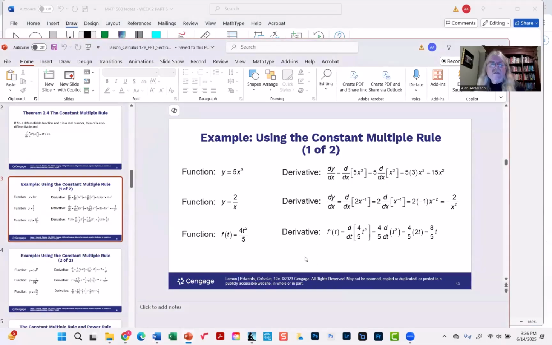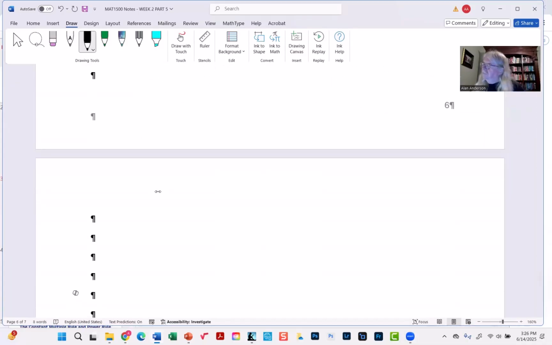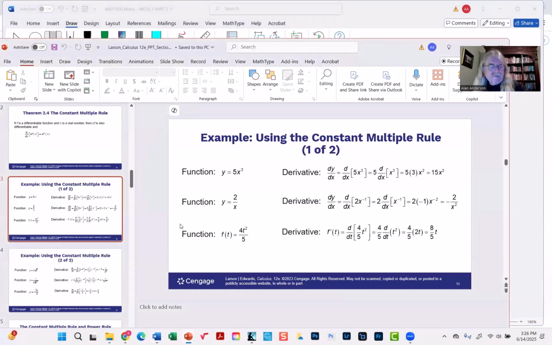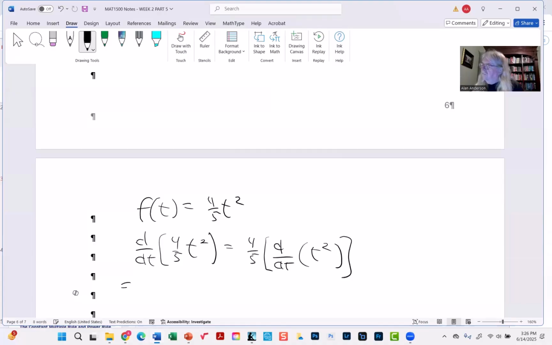And then here we have 4/5 t squared. This time they're using a prime, but we can also write it the other way.